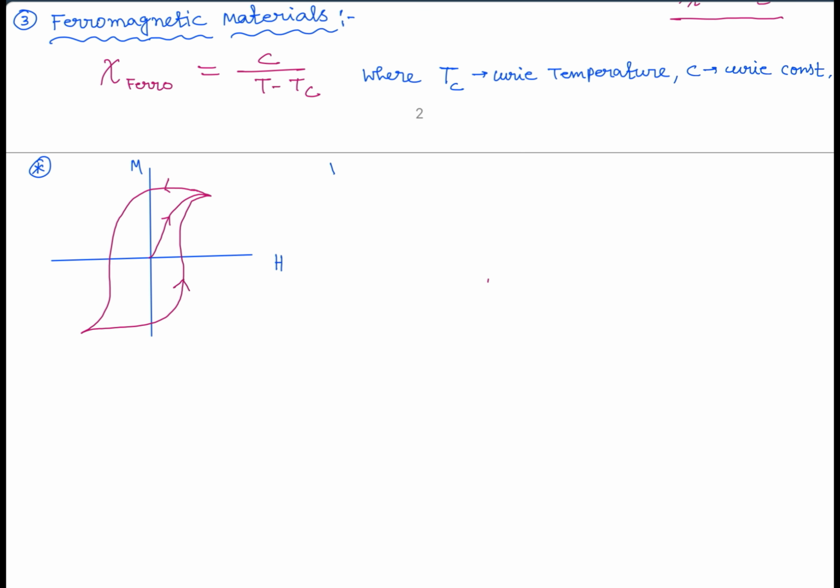Next, we draw susceptibility with temperature, and this curve looks like this.